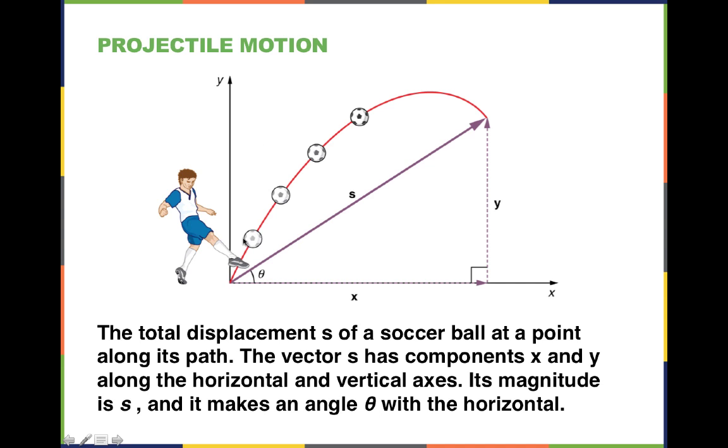And what you can see here is the path of the object is different than its displacement, which is no surprise. And again, finding this displacement is very similar to what we've already done in the past, looking at the x and the y components of that situation.